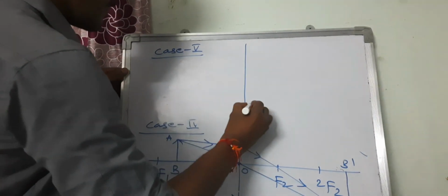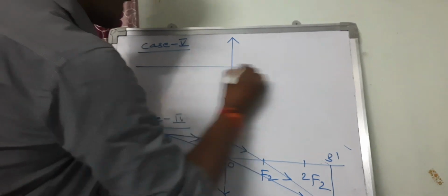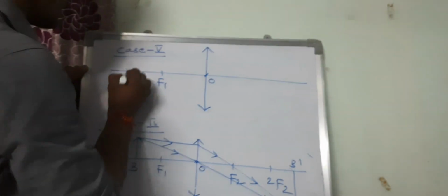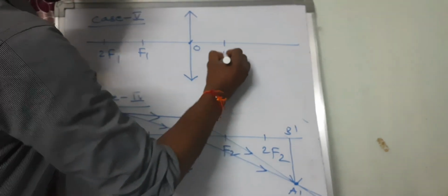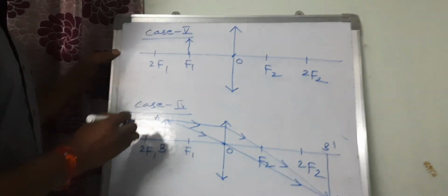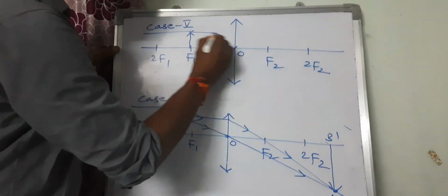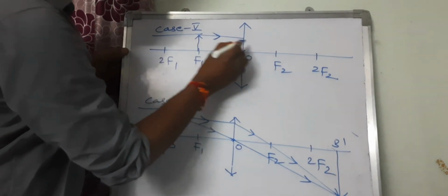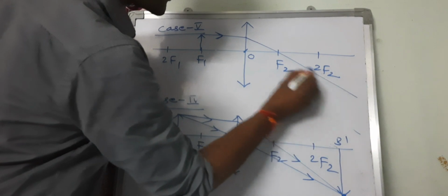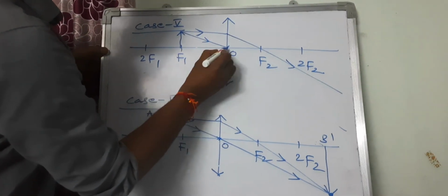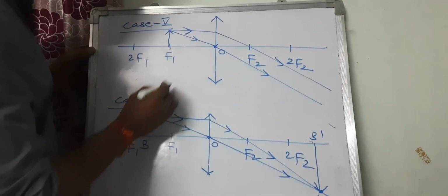See here, when the object is placed at the focus. This is f1, this is 2f1, f2, 2f2. So on the focus. See here, when the object is placed on the focus, the ray parallel to the principal axis after refraction passes through the focus. For another ray, I am taking rule 3, which is passing through the optical center, undeviated.